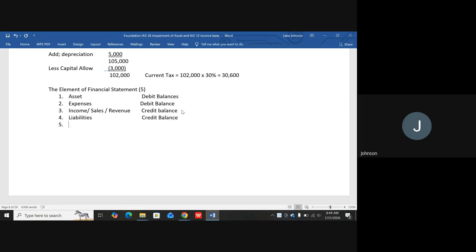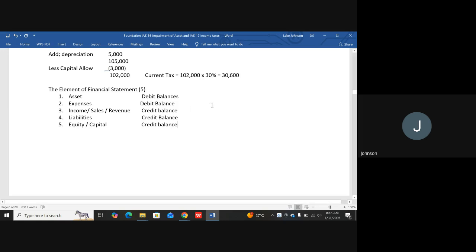And lastly, last but not the least, is what we call equity, the same thing that some people call capital. It also always has a credit balance. Okay, so that's fine.